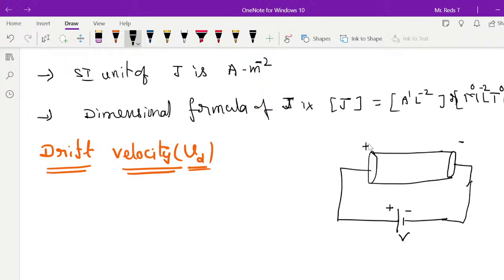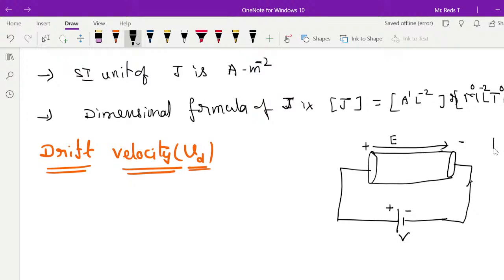Whereas if an electric field develops across the ends of the conductor, that electric field is directed from positive to negative, and as a result, a force acts on the electrons.